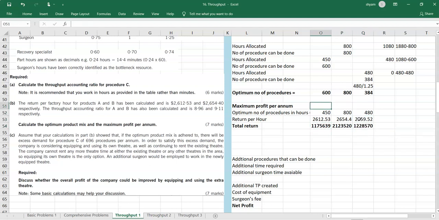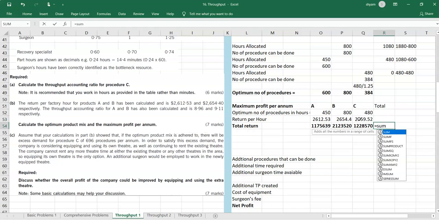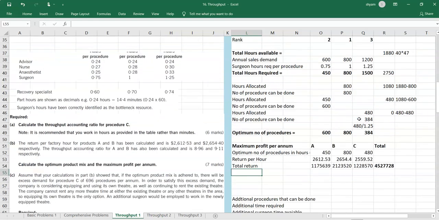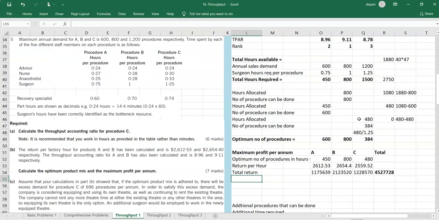Okay, have one more column if you want, like put the heading A, B, and C, and one more column called total. Add all of this. This is total return, and thereafter you can use the total factory cost, because this is the total return, or you can't even say total return, it is the total throughput.